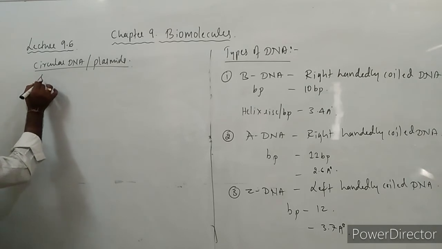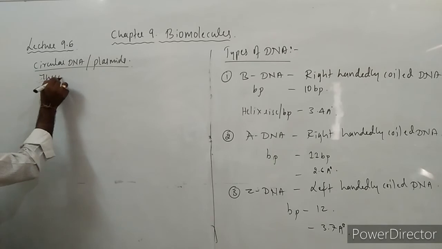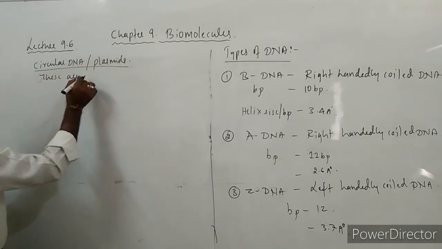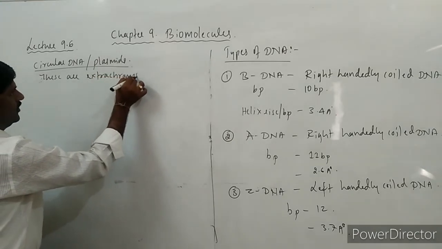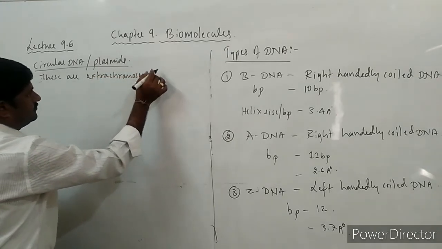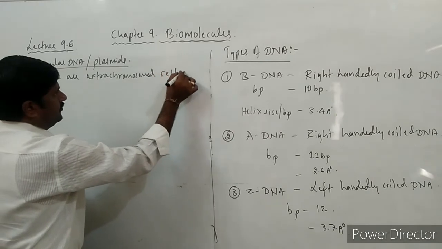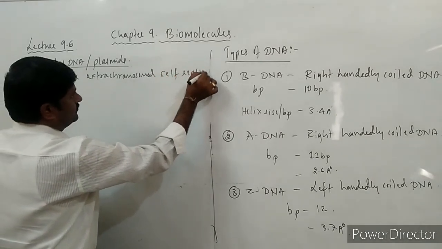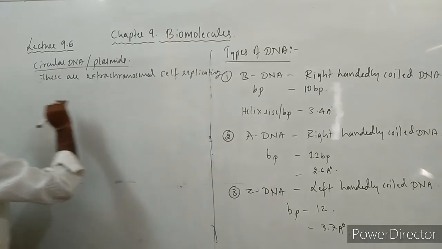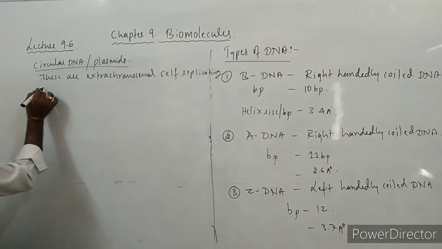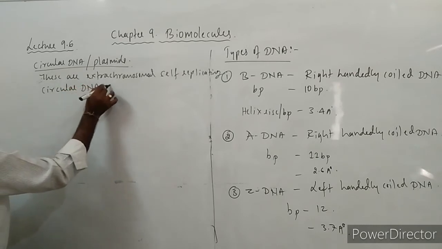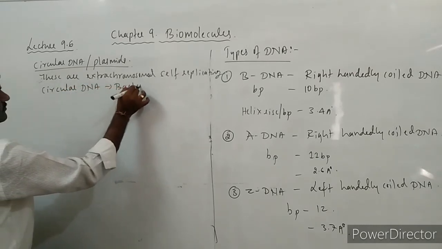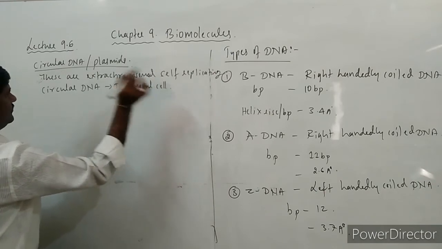These are extrachromosomal, self-replicating circular DNA present in the bacterial cell.